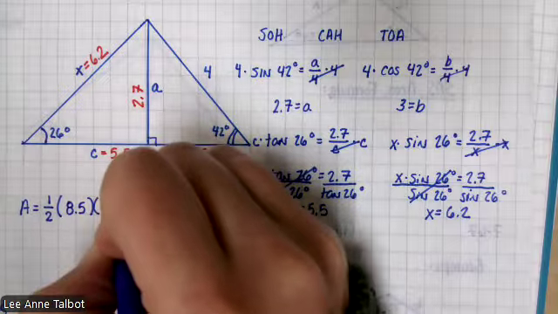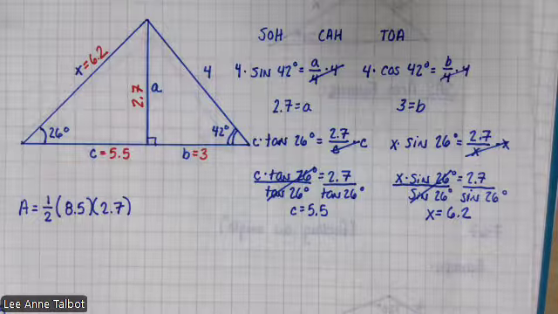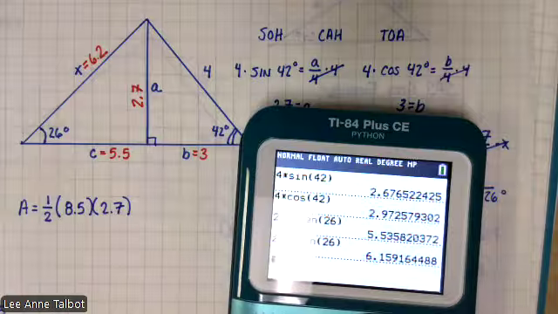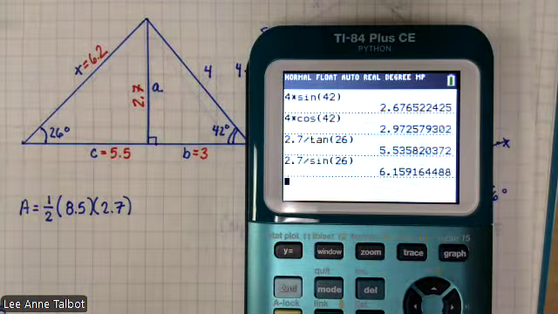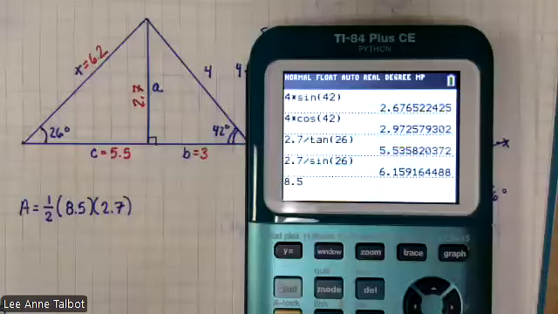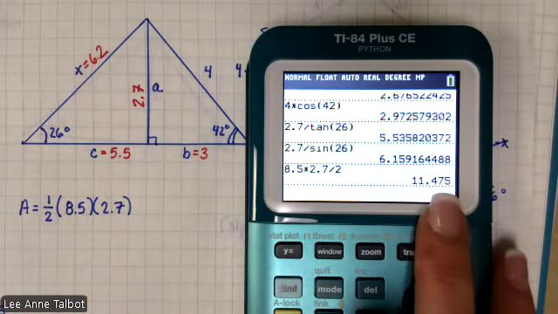And then the height is 2.7. So half base times height, or base times height divided by 2, same thing. 11.5-ish.